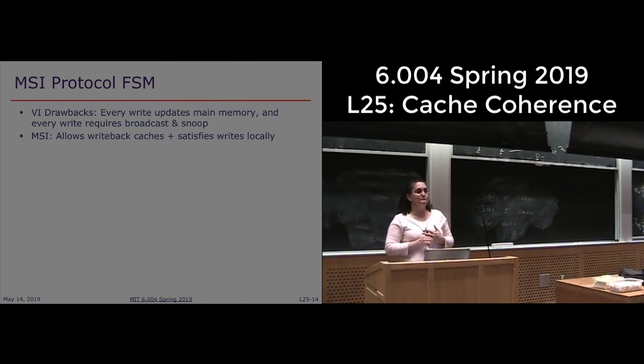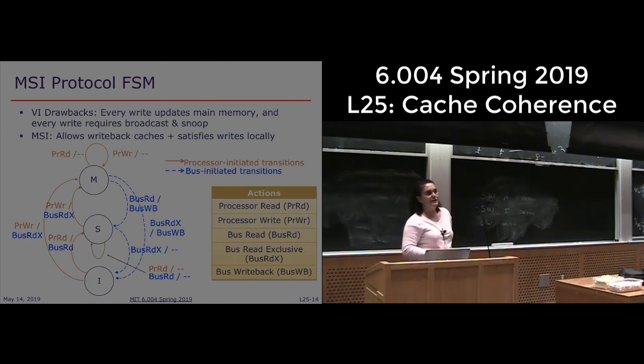Exactly. So now I'm not going to have to write to my main memory every single time I do an update. I'm only going to have to do it when I evict a line from my cache. And that means that I can actually satisfy writes locally. I don't have to issue a bus write command for every single write that I'm performing.